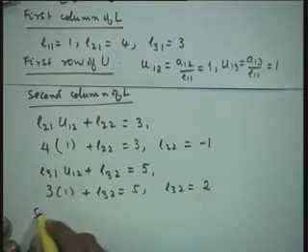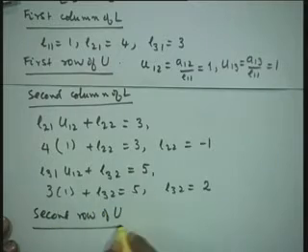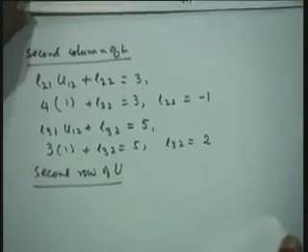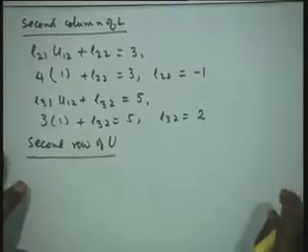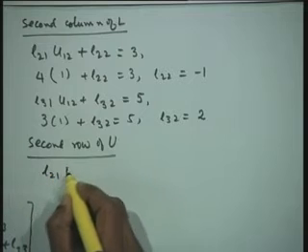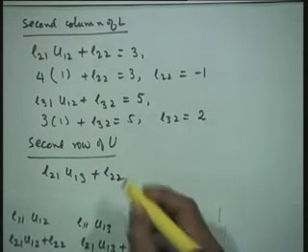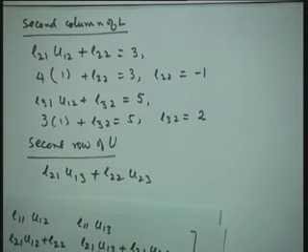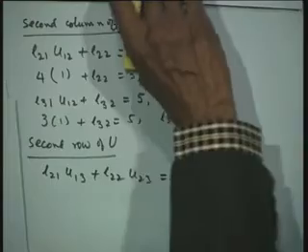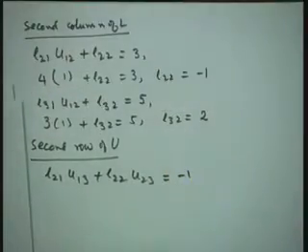Therefore, I need the second row of U. Now, the second row of U comes from this element, L21 U13 plus L22 U23. I am writing L21 U13 plus L22 U23, and that is equal to minus 1, which is given to us.